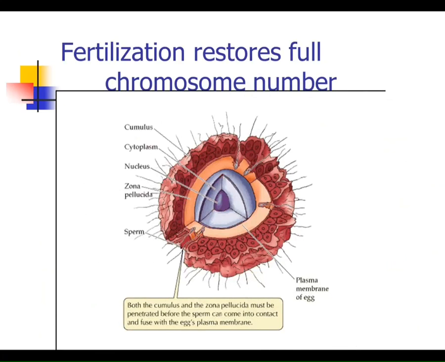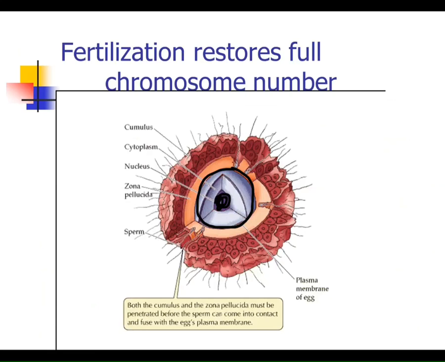So at fertilization, what happens? The egg and sperm are coming back together. This is a cartoon showing an egg in the very center. And that egg has, this is the actual egg cell, and here's this little nucleus. And we know that upon ovulation, not only is the egg released, but it's released with a layer of helper cells or follicular cells around it.